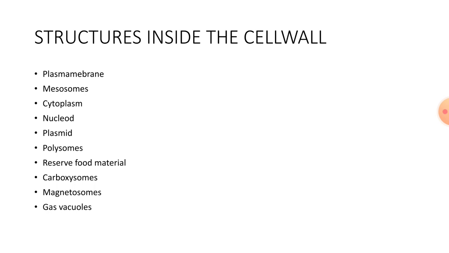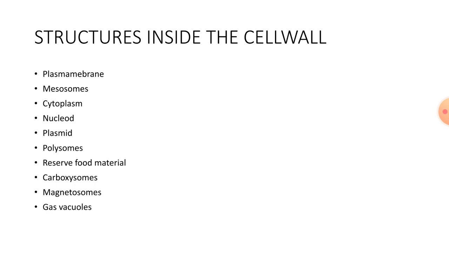Then the reserve food material. In the bacterial cell, reserve food material is stored in the form of PHB granules, or lipid granules, and glycogen. PHB means polyhydroxybutyrate granules. In some photosynthetic bacteria like Chlorobium, Chromatium, green and purple sulfur bacteria, we can see small green structures called carboxysomes. They are like chloroplastids, called precursors of the chloroplastids we see in higher plants.